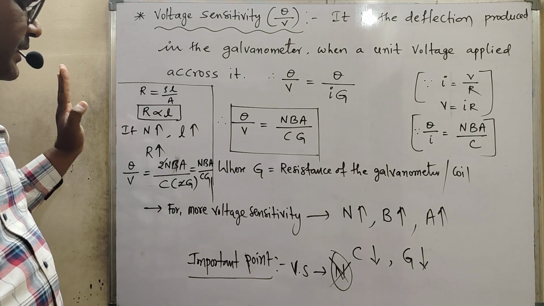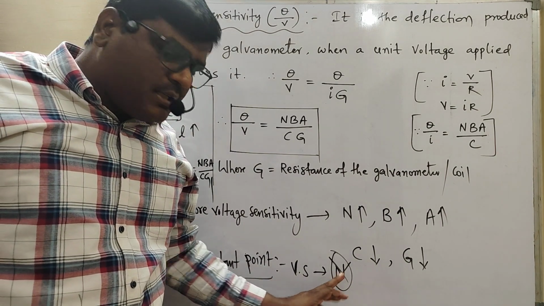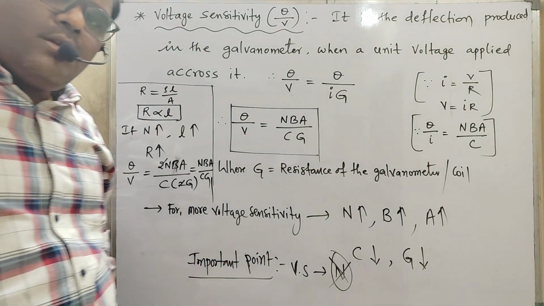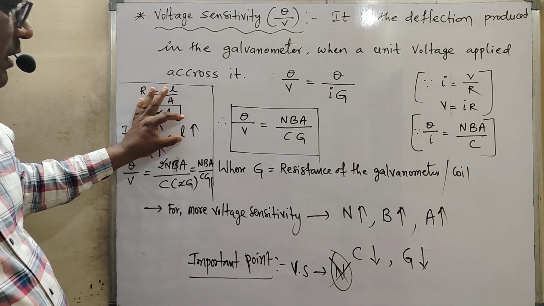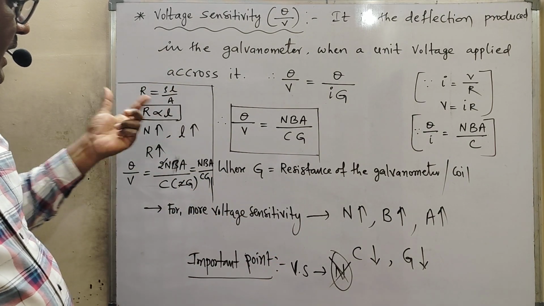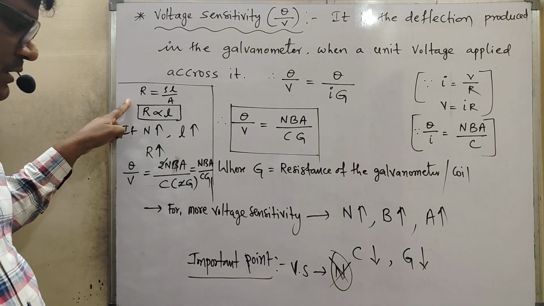This is the most important point here. Voltage sensitivity does not depend upon the number of turns. If you are increasing the number of turns, the length of the coil also increases. According to this, length increases, its resistance also increases.